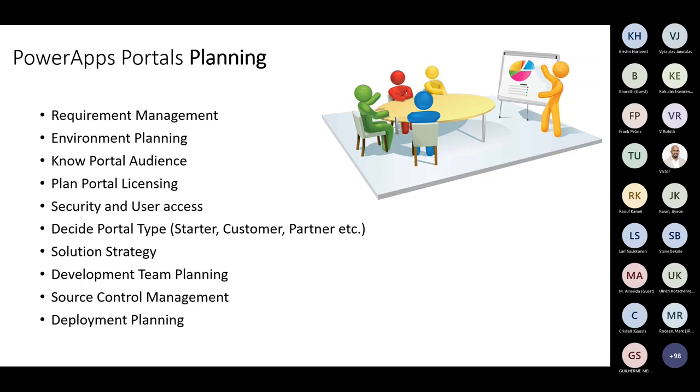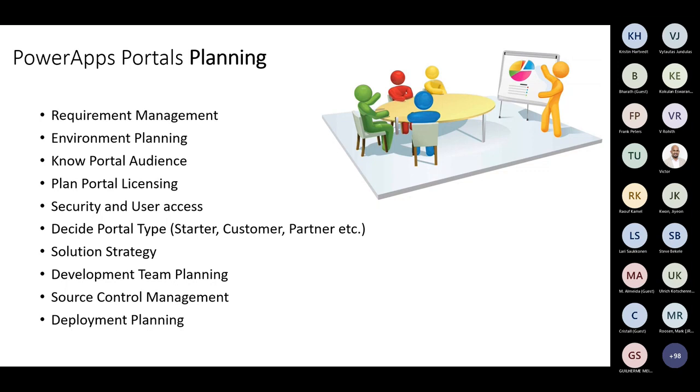Environment planning is also very important. If you have a thought of designing the portals, then you have to think about the environments as well. An environment is just a grouping of all the resources. Resources could be your portals, your Power Apps, your flows, your connectors. There could be multiple environments you can plan.